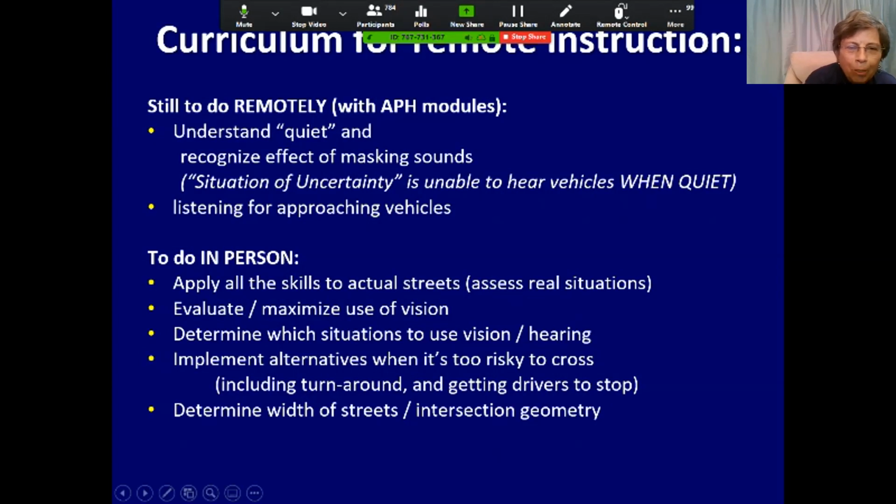I want to also evaluate and maximize his use of vision, determine which situations would be better for using his vision or his hearing, implement alternatives when it's too risky to cross, and then have him learn to, I don't know if he can see well enough to tell the width of the streets, but if not, be able to tell that by listening. And I think, Jeremy, let me stop sharing and turn it over to you for your thoughts.